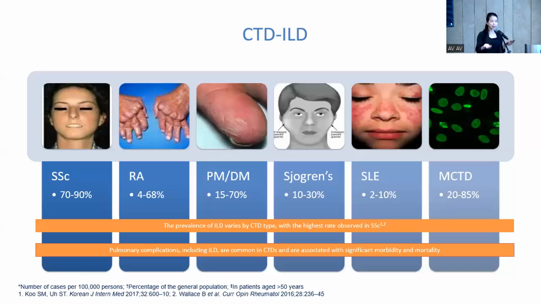CTDs generally affect younger people, people in the productive age, women who are childbearing with families. Of course, this data is from the last 20 to 30 years. So we know that the prognosis is not good, isn't it, if the median survival is only 39.